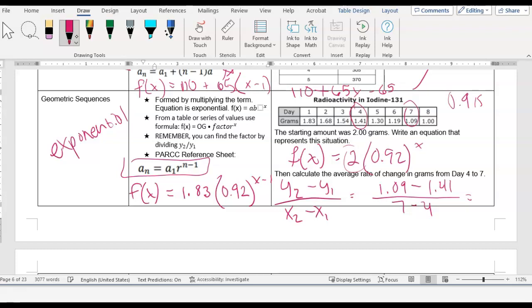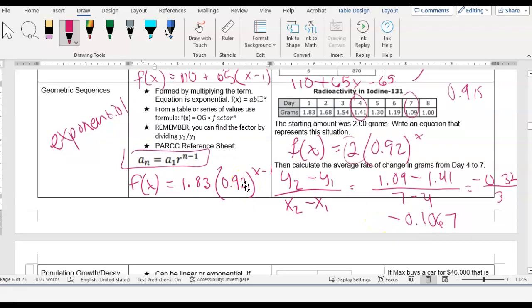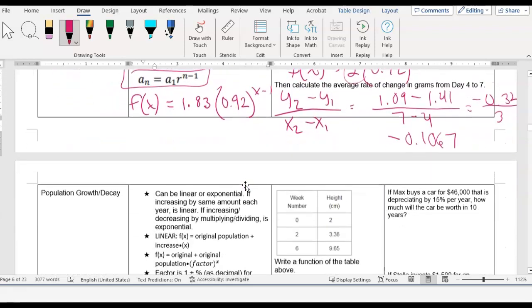And then we should get a negative term because it is decreasing. So 1.09 minus 1.41 is negative 0.32 divided by 3, which is going to give us negative 0.1067. So it's losing approximately 0.1 grams per day.